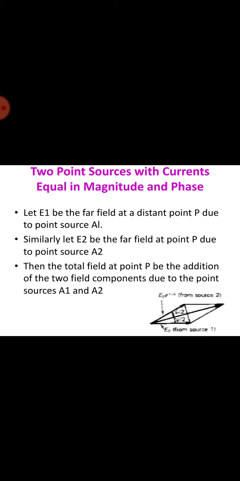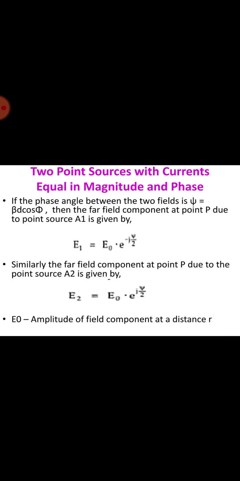Then the total field at point P is the addition of the two field components due to the point sources A1 and A2, and this can also be represented by the vector diagram shown here. If the phase angle between the two fields is psi is equal to beta d cos phi, then the far field component at point P due to point source A1 is given by E1 is equal to E0 into e power minus j psi by 2.